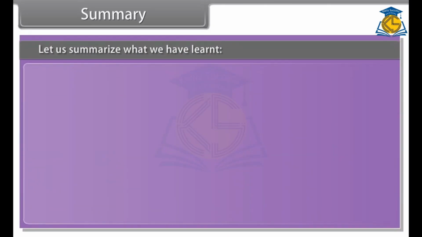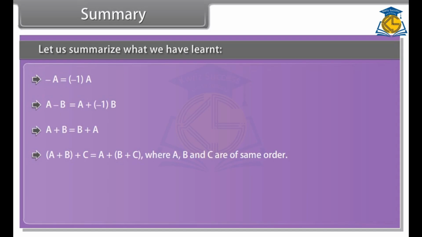Summary. Let us summarize what we have learnt. Minus A is equal to minus 1 into A. A minus B is equal to A plus minus 1 into B. A plus B is equal to B plus A. A plus B plus C is equal to A plus B plus C, where A, B and C are of the same order.